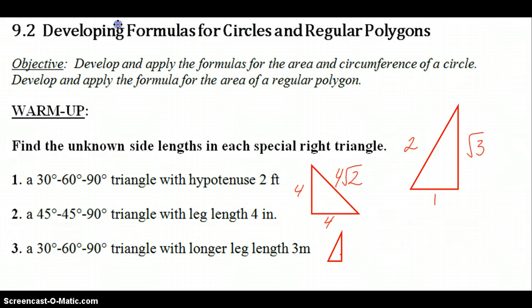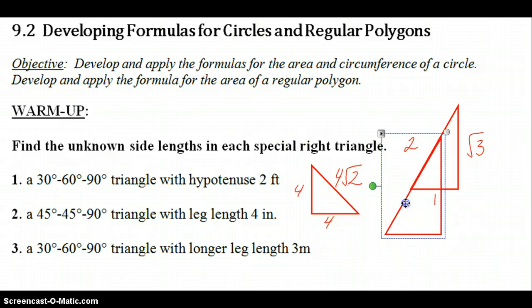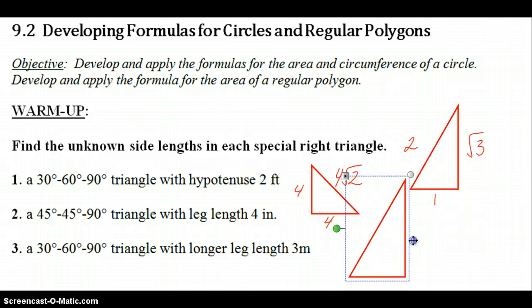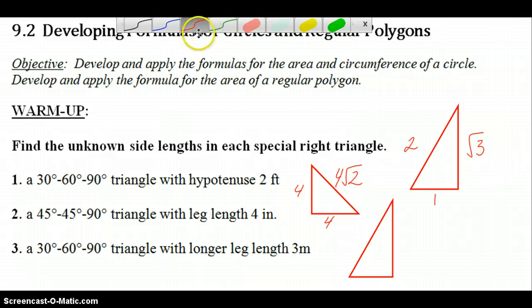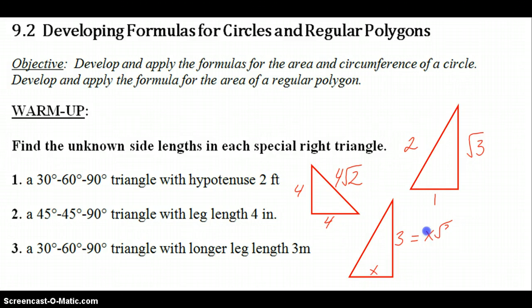And lastly, for our other 30, 60, 90 triangle, they tell you that the longer leg is 3. So if our longer leg is 3, we need to find these other measurements. Now this is a little bit tricky. What that tells me is that 3 equals the shorter leg x times root 3.